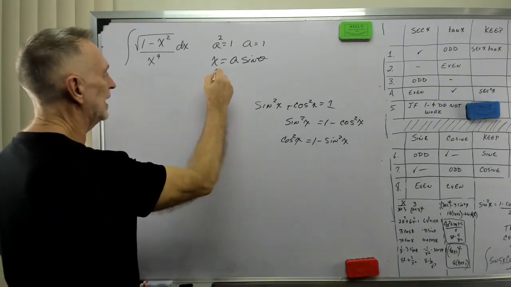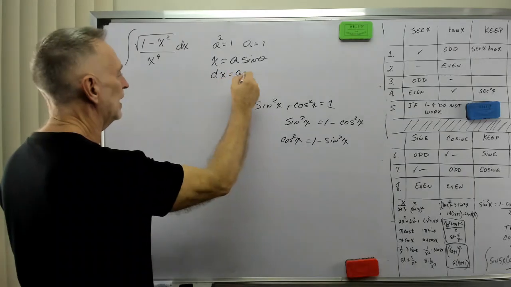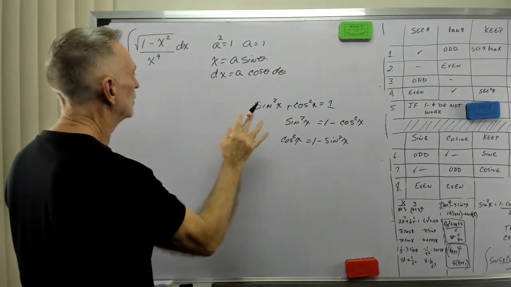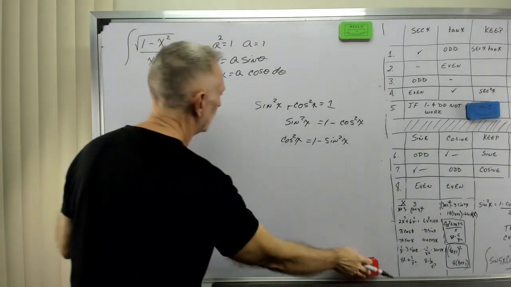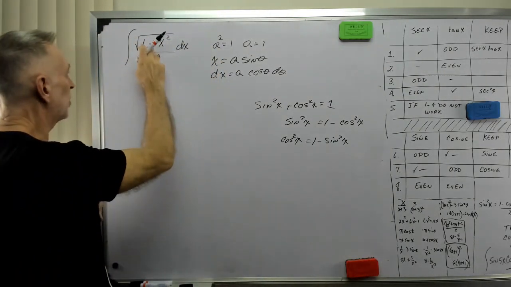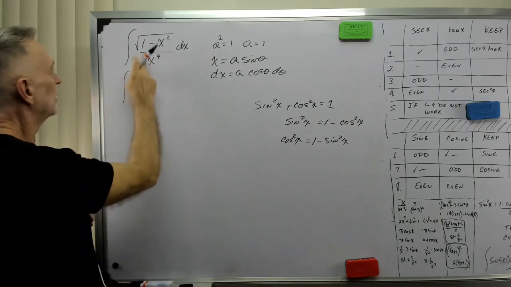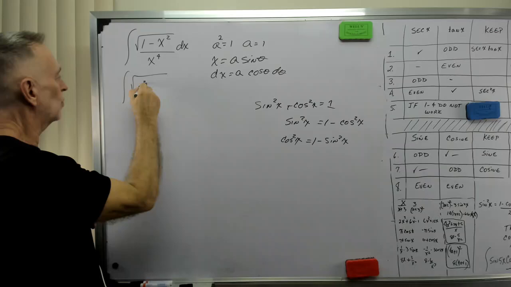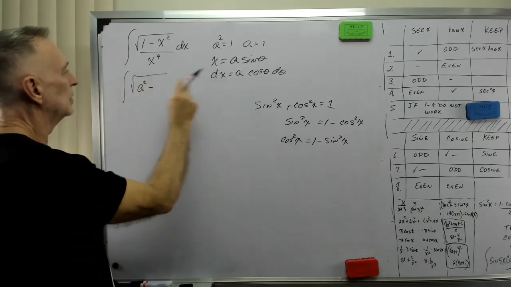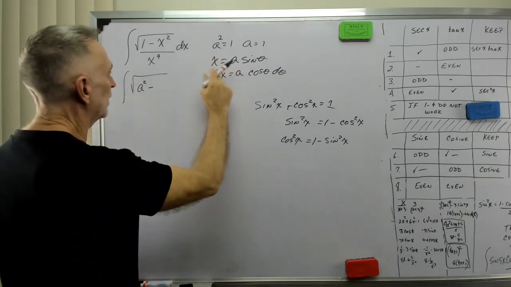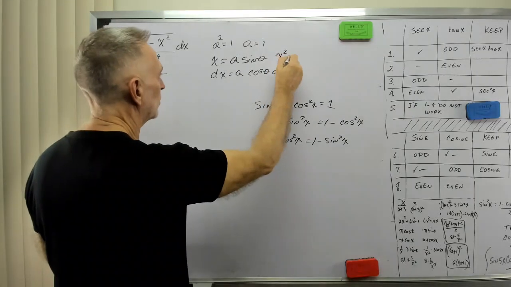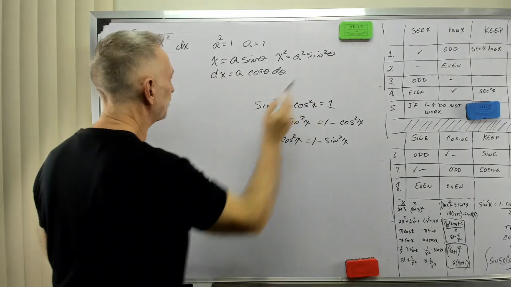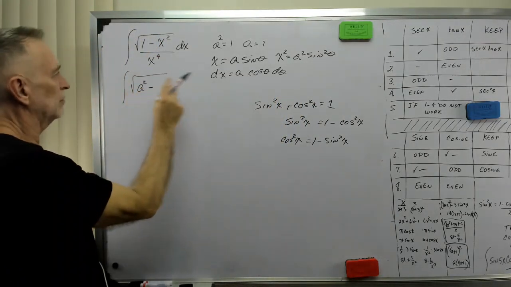So dx equals a cosine theta d theta. So now I have everything I need to work through this. So I can replace this with square root of a squared minus x squared. Well, if I square x, x squared would be a squared sine squared theta. So I'll just plug that in.